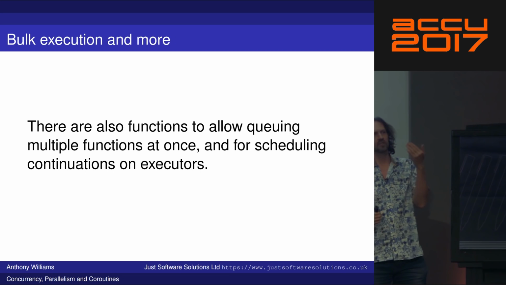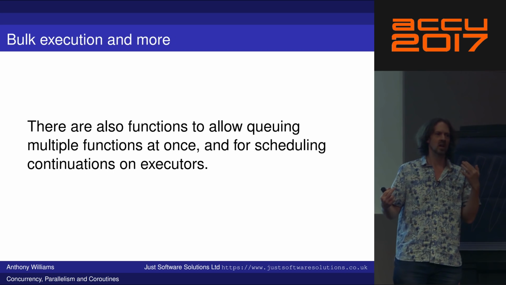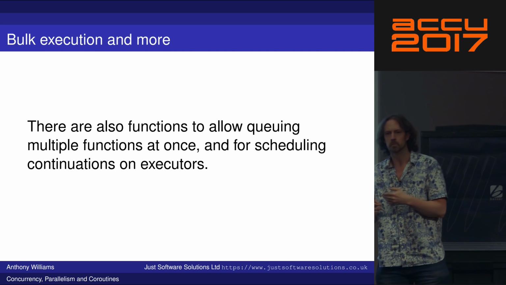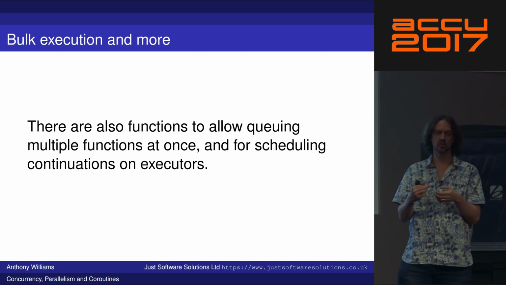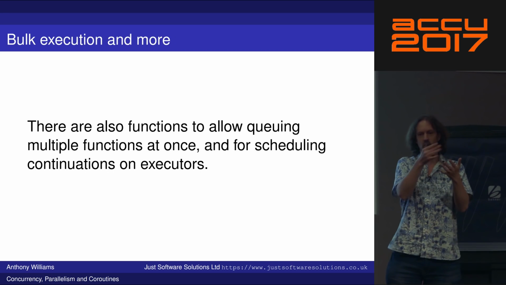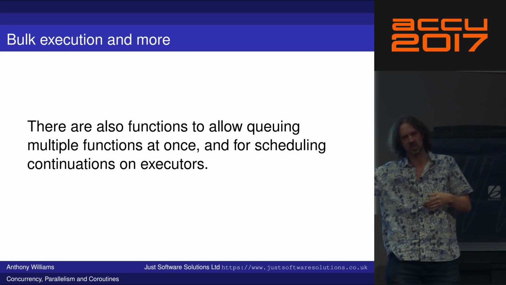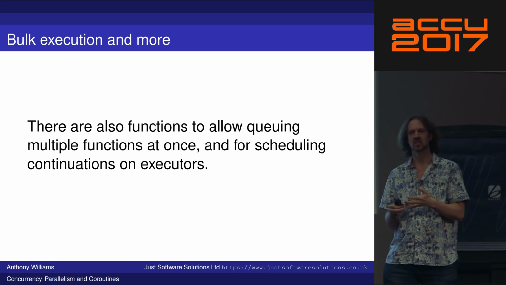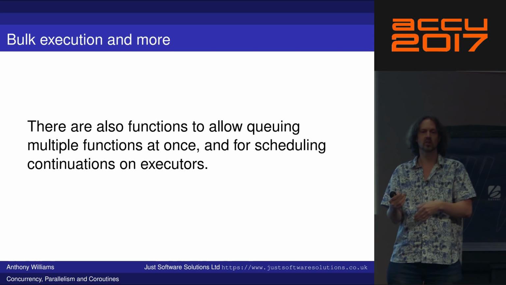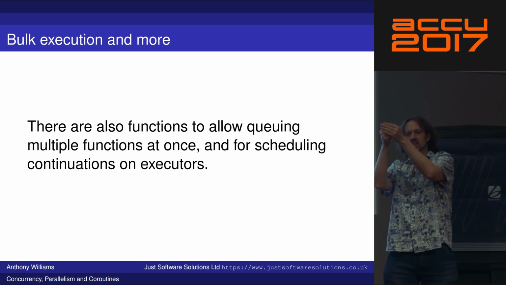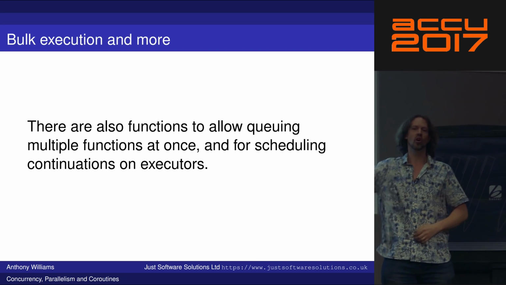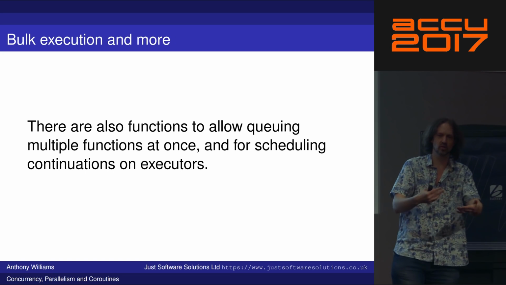There's functions for scheduling continuations. So you've got a future f, rather than calling f.then with our continuation, you can either provide, if it's integrated in your library, f.then(e, f) for executor, comma f, to run that function on the executor when the original future is ready.